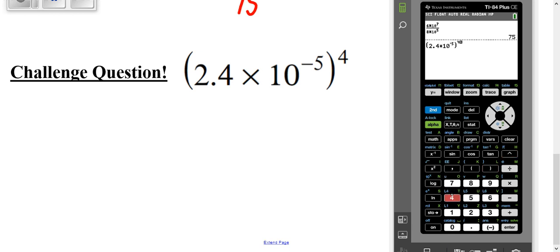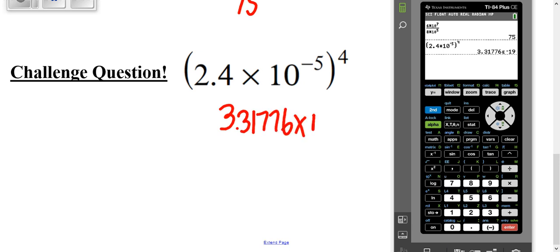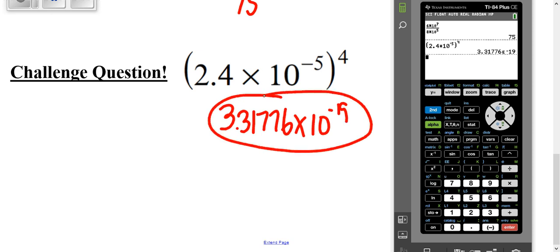Let's see how this happens. There we go. All right, so we have 3.31776 times 10 to the negative 19th. And much easier with the calculator.